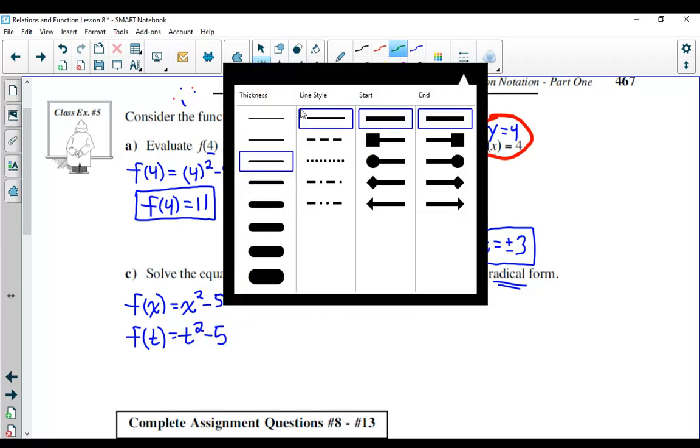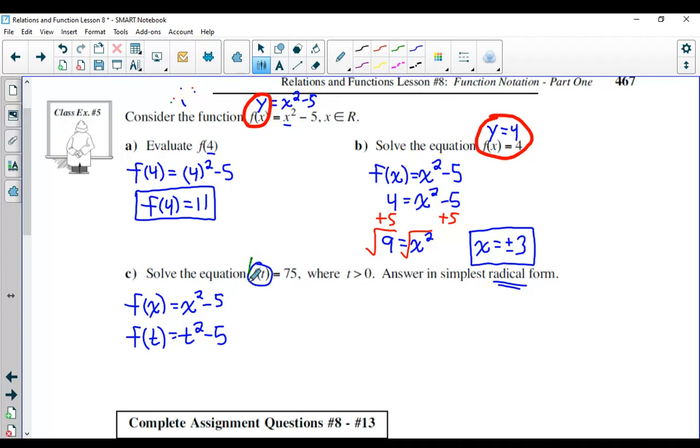Now we're going to replace f of t with 75. So it's this side of the equation that's going to get replaced. That's the value of y. Just remember, f of x is just another way of writing down what the output value is.